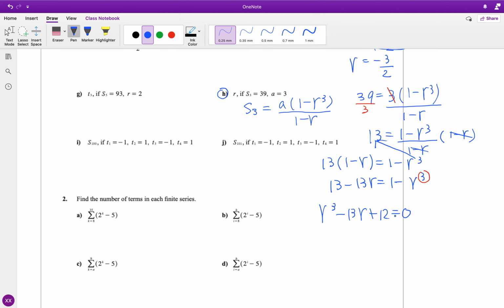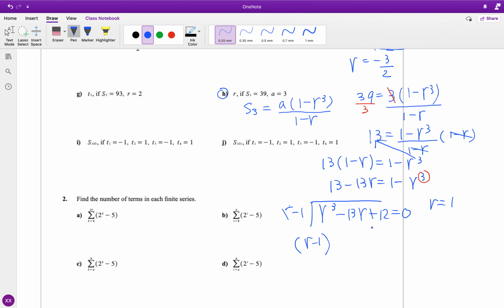Pretty much by number sense, you know r equals 1 is a factor, because 1 plus 12 is positive 13, and this is negative 13, so the sum is 0. So use this to divide the whole thing by r minus 1. So you now have a factor which is r minus 1.